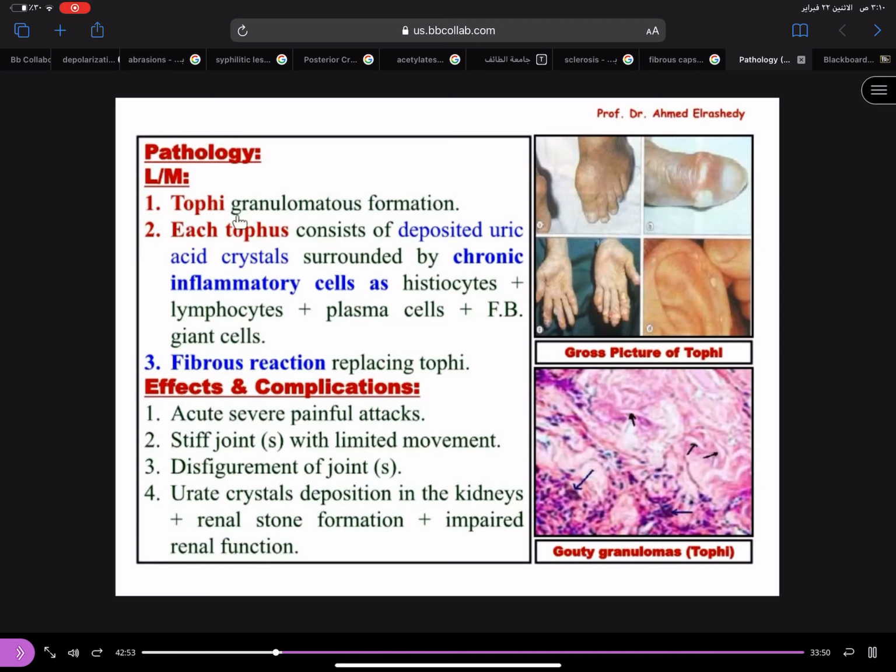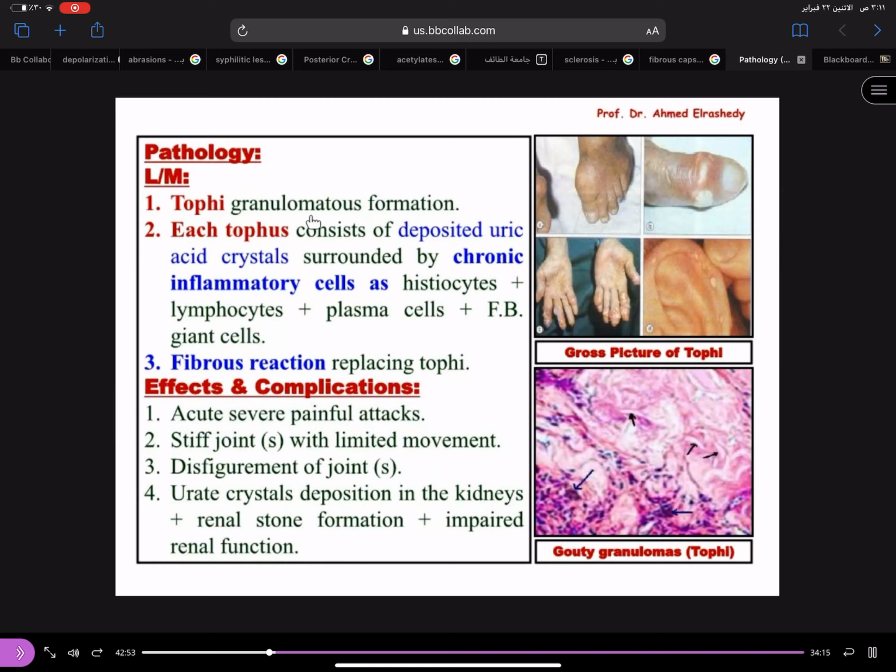So what is granulomatous? Any idea? What comes to your mind? Granulomatous, granuloma. Very good. Usually it's chronic.